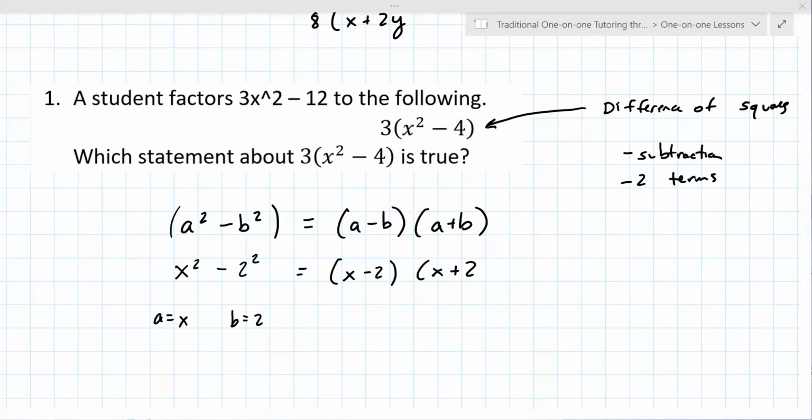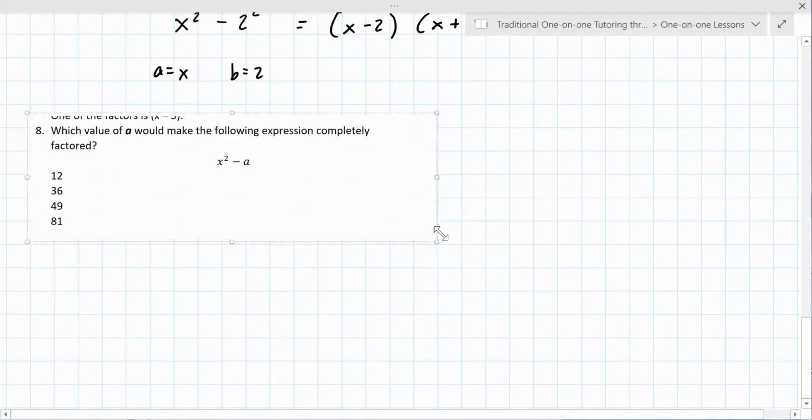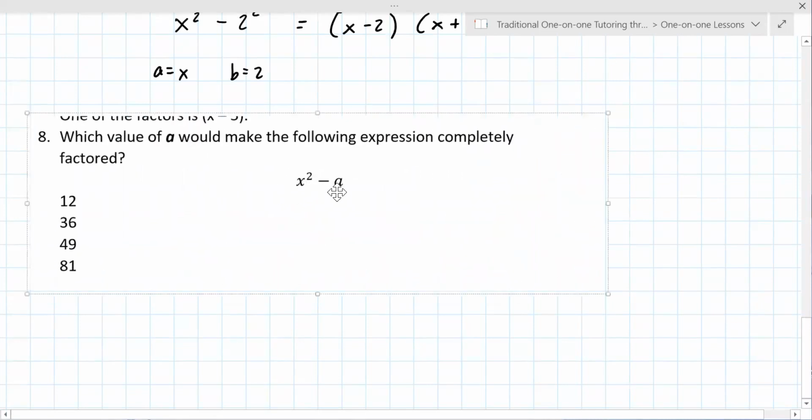Let me look and see if there's any other difference of squares problems. Actually, number 8 is of that type. Again, I know that, and you know that now, because it's 2 terms. So you can't look at it like this.